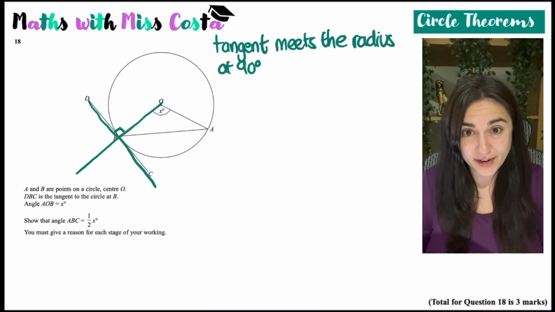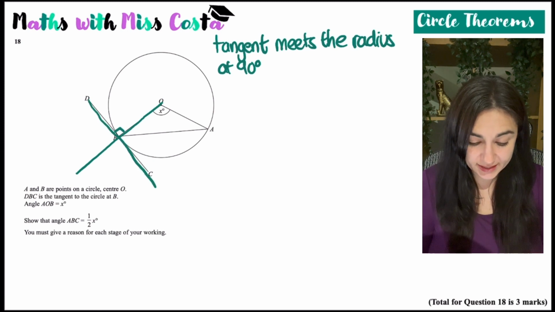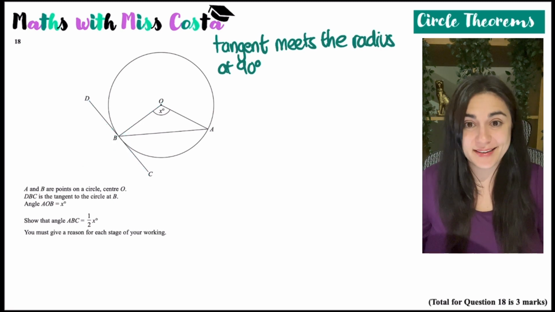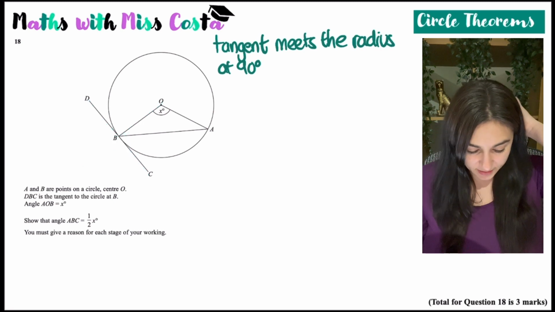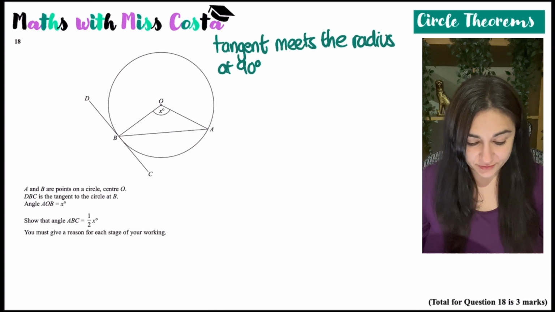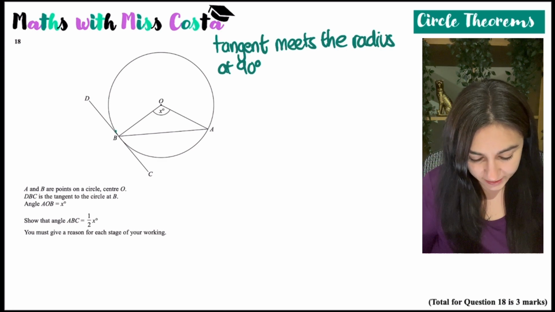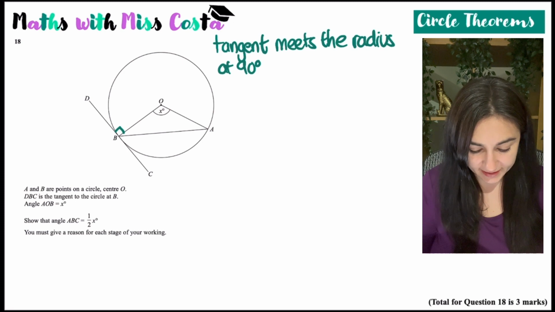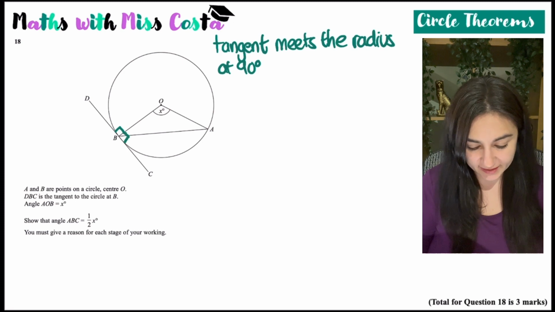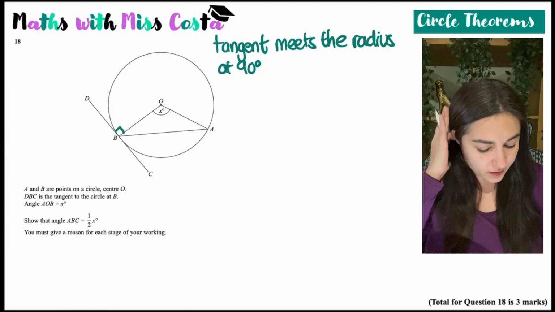Therefore, they form a right angle. So that's a really key thing that we're going to probably use. But even if we don't, at least you've written something down and you're starting the question. So the tangent meets the radius at 90 degrees. Therefore, I know that this angle here is going to be 90, and also this angle here, but that's split into 2. So let's not worry about that for now.